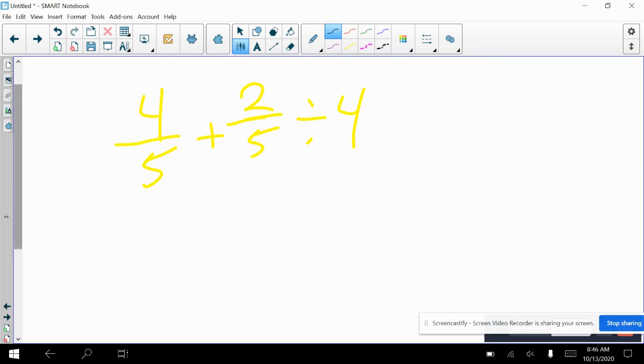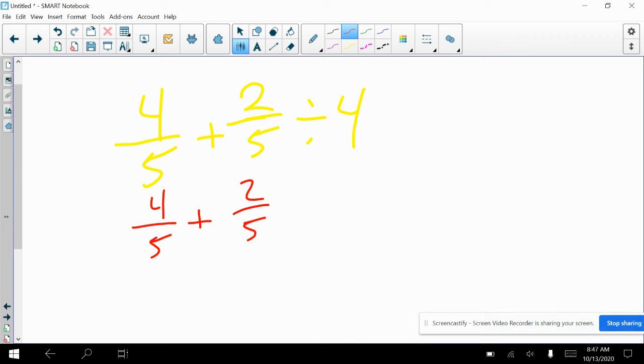First thing we have to do is rewrite the problem. What are we going to do here? The reciprocal of 4 is 1/4.